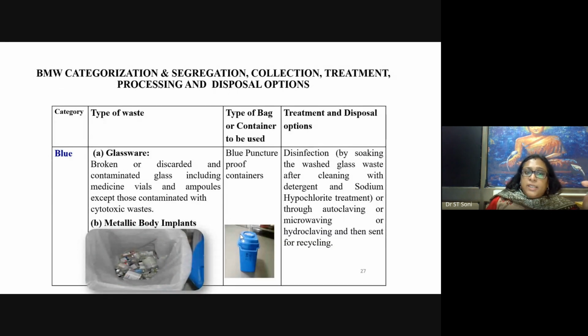The last category under this is the broken glass or discarded, contaminated glasswares, vaccine vials, ampoules, body implants. It will go to the blue puncture-proof container, and the glass will be converted into molten glass, and then it will be sent for recycling.